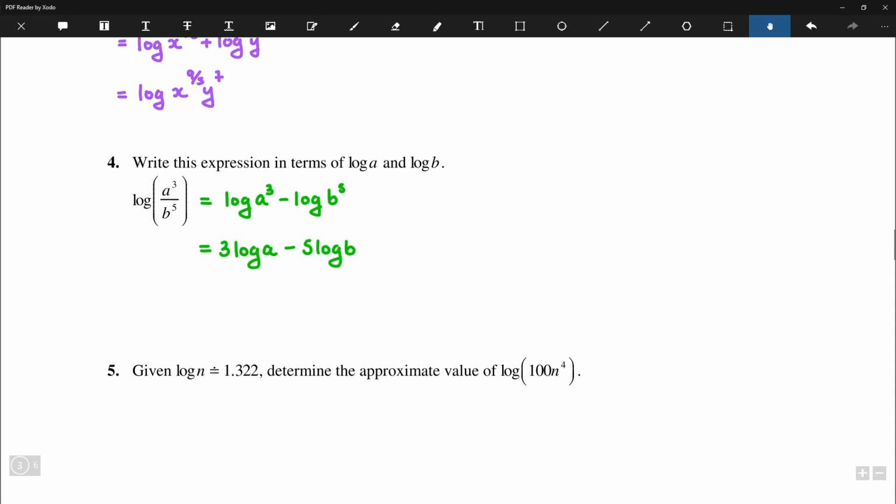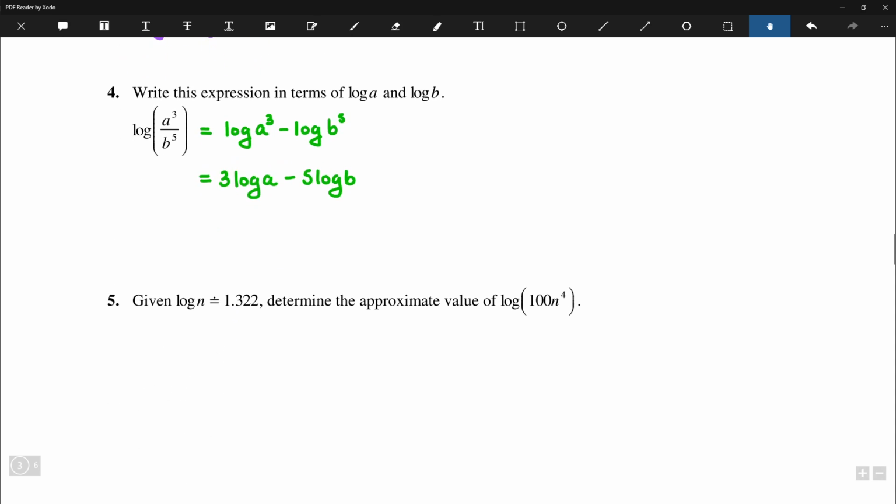Moving on to number 5. Okay, it says here, given log n is approximately 1.322, determine the approximate value of log 100 n to the 4th power. So what we can do is first separate the logarithm into 2 parts.